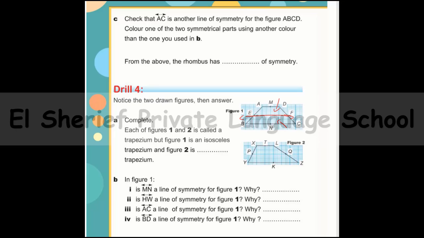So the isosceles trapezium has only one line of symmetry, from this part, but the ordinary trapezium has no line of symmetry.